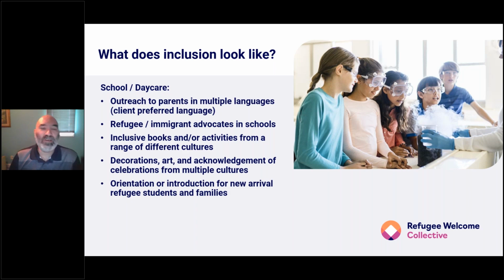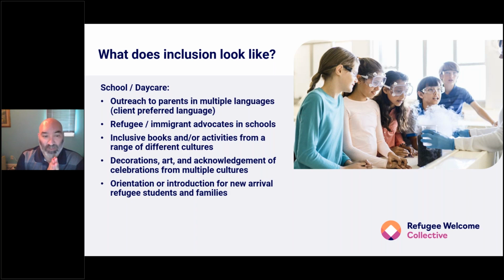So what does it look like to really have an inclusive community when it comes to school and daycare? And I've seen some schools be so wonderful and amazing at this. Things like, is there outreach to parents in multiple languages?